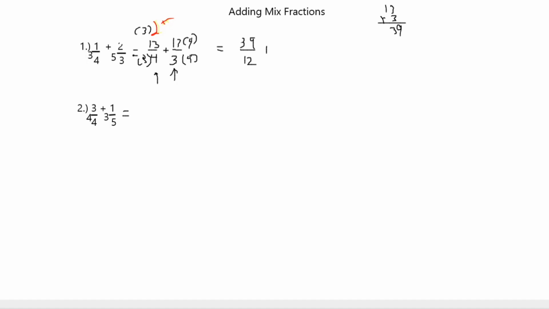There you go. I'm just going to multiply 4 times 3. We'll have 12. 17 times 4: 4 times 7 is 28, 4 times 1 is 4, plus 2 is 6. So we get 68 over 12.